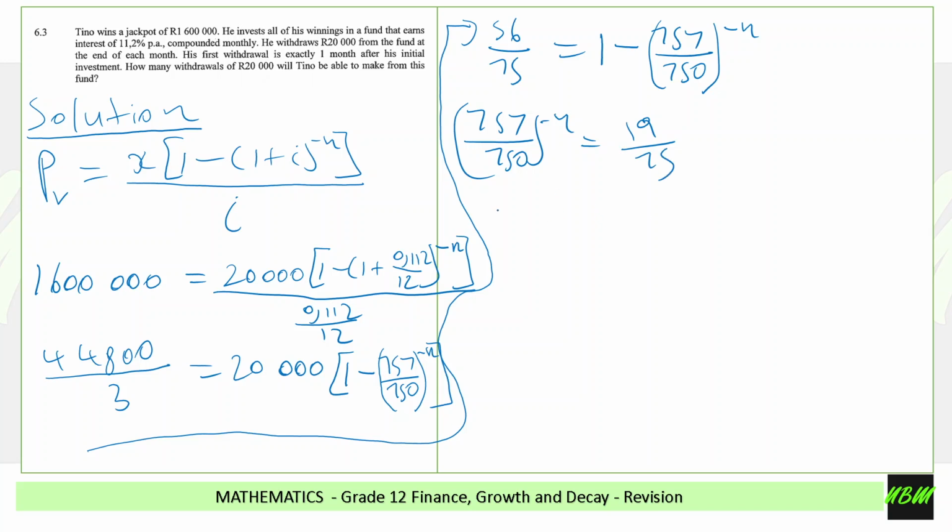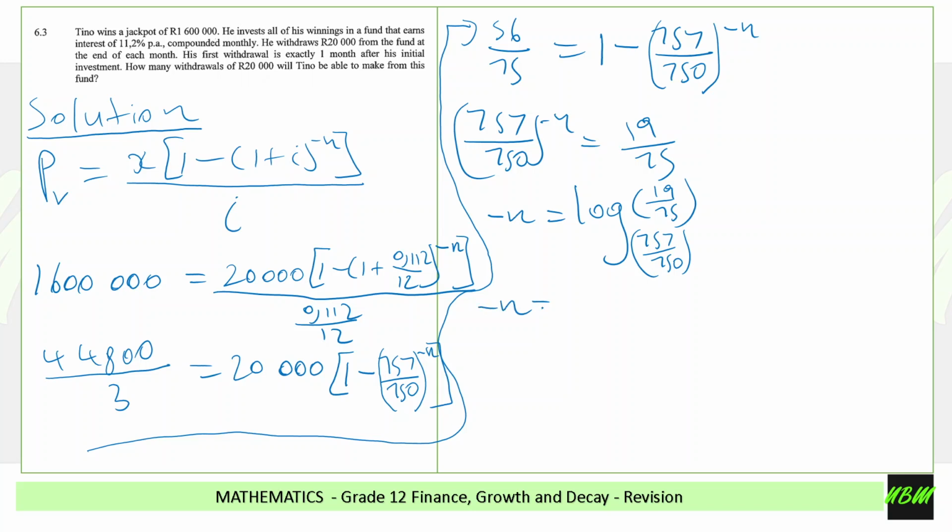And then we are using logarithms now to find n. So the exponent minus n is equal to log base 757 over 750 of 19 over 75.